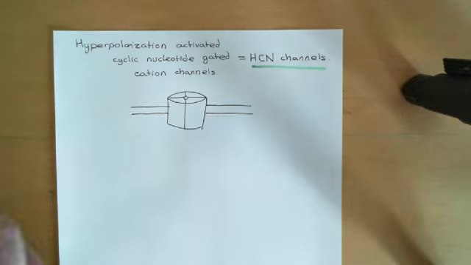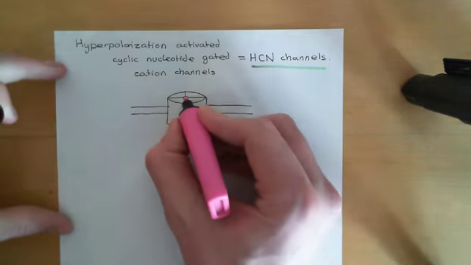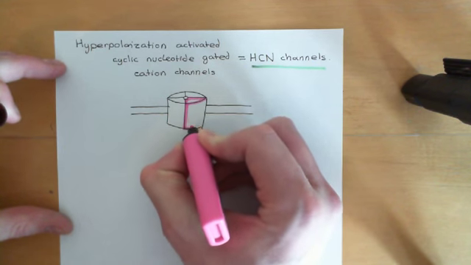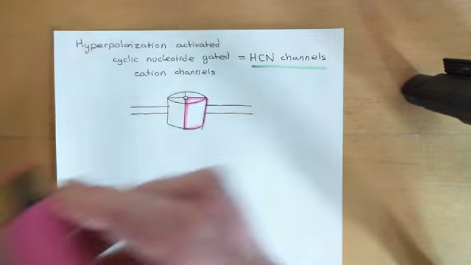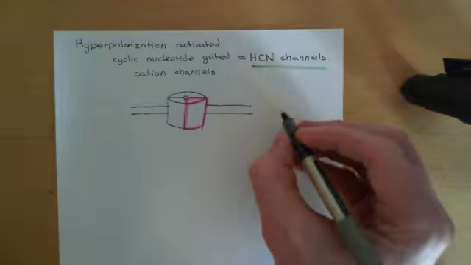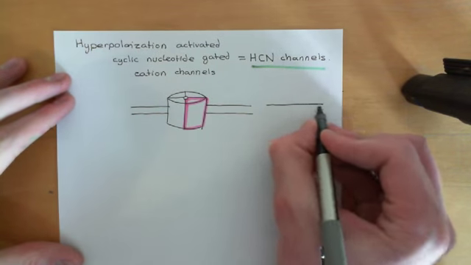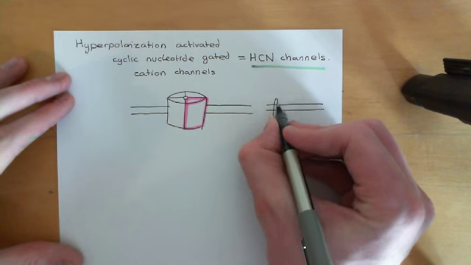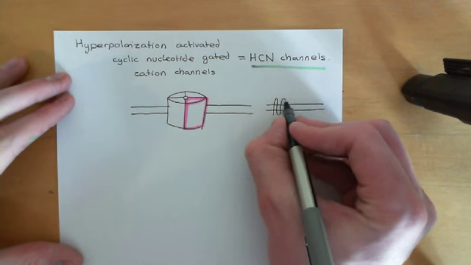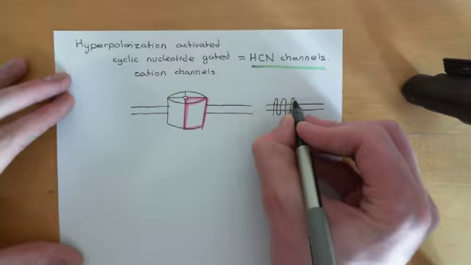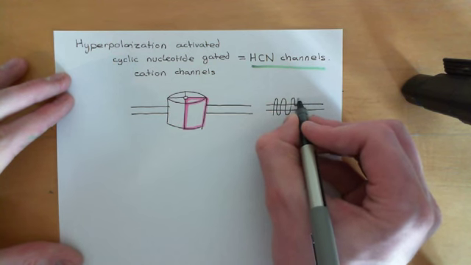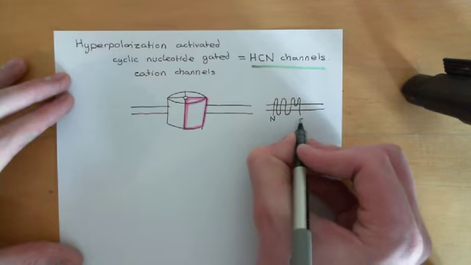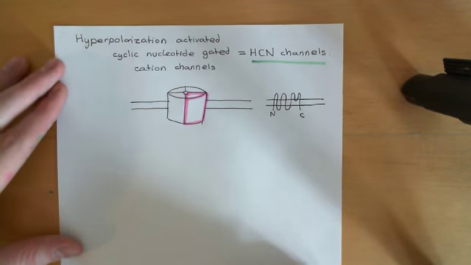If we pull out an individual HCN channel subunit here, let's say we'll have this one in purple, again, the membrane spanning topology looks like so. You have 6 membrane spanning alpha helices, 1, 2, 3, 4, 5, and then you'll have a p-loop between the 5th and the 6th, so here's the 6th, and then here's the amino terminus, and then here is the C terminus.